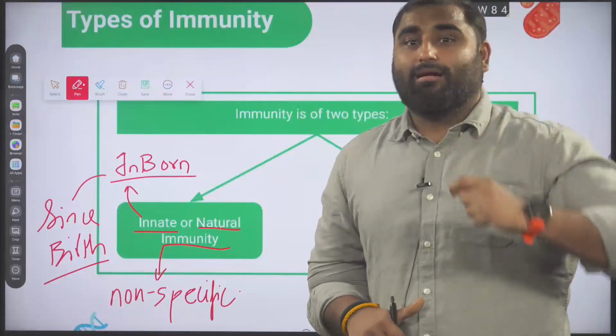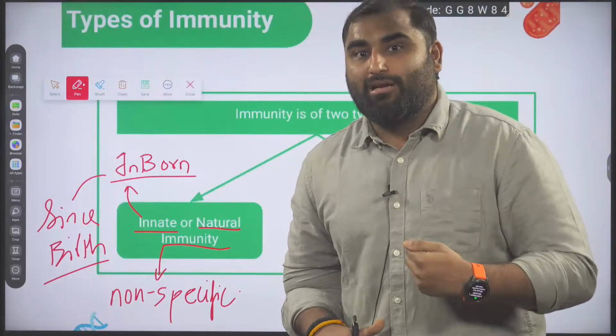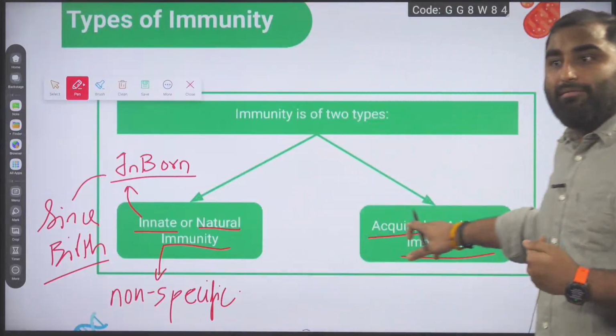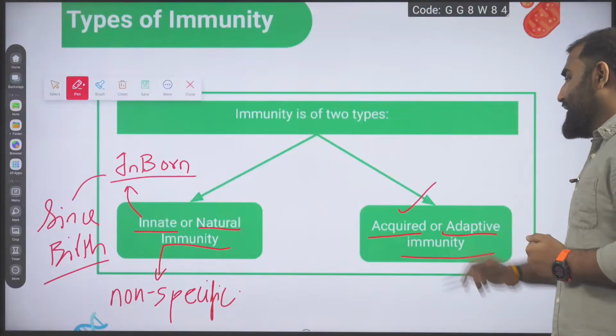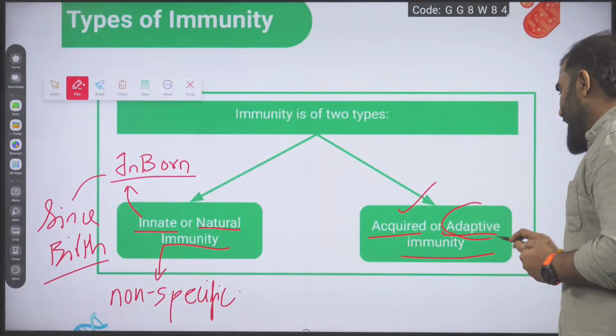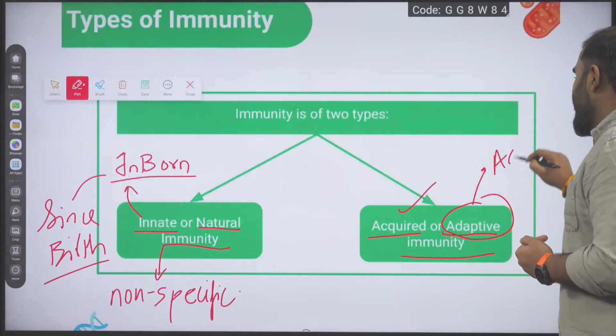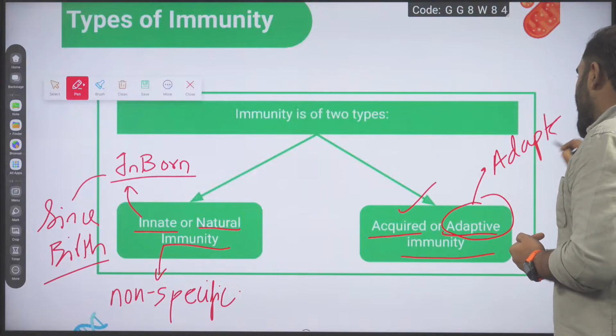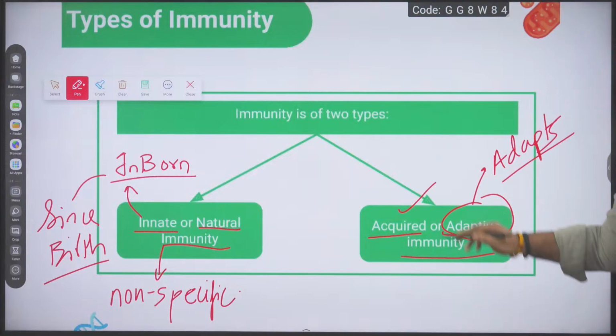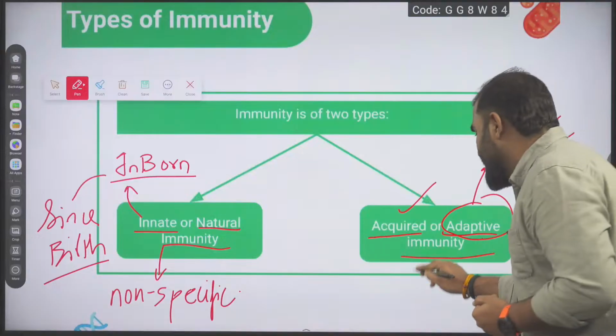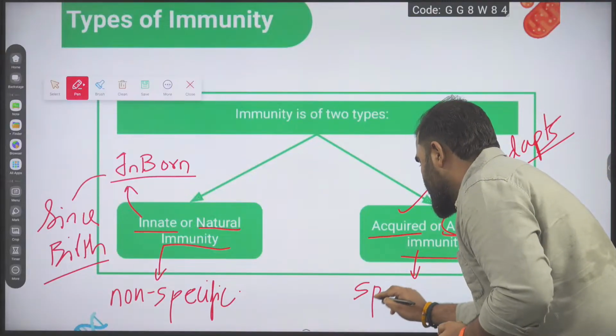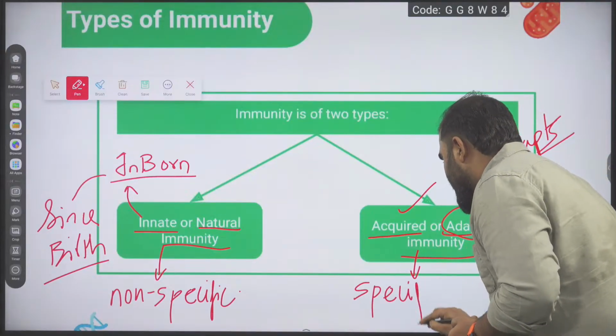It will register the previous interaction with the foreign body, and now it will develop which immunity? Acquired immunity. Your immunity adapts accordingly. That's why it is called adaptive immunity. And it will give a specific response.